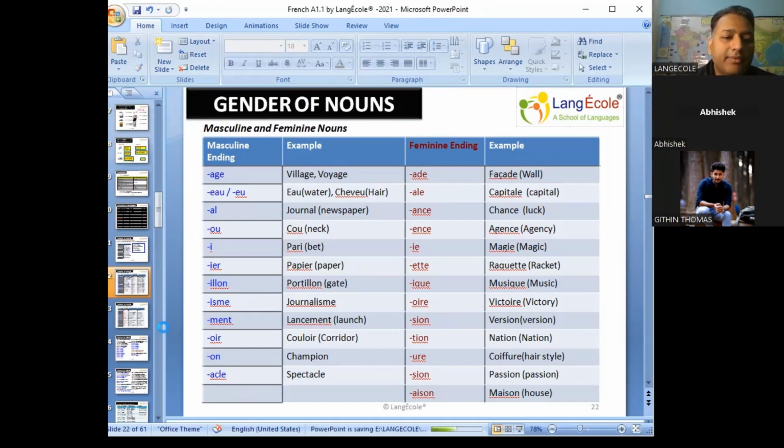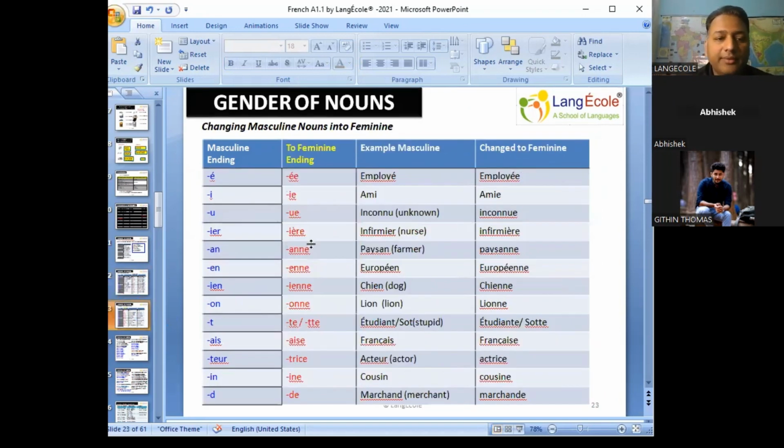Okay, so then we will move further. There are some nouns which can be changed. We'll find the list of those nouns which can be changed by just adding extra... or adding extra what?